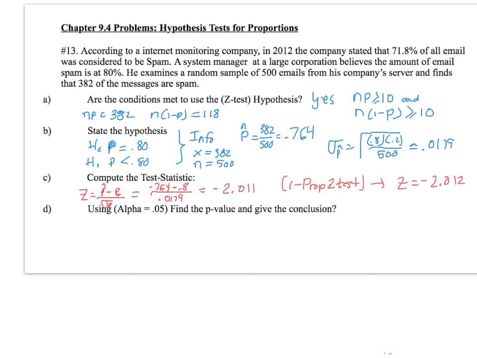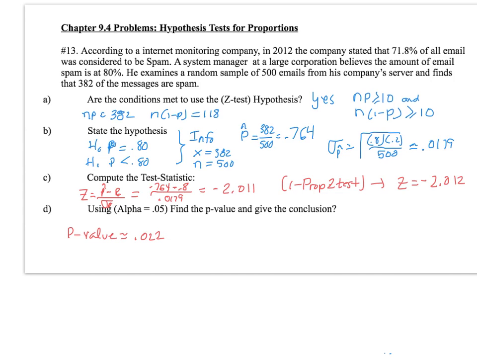Alright, so now we're going to go and find a p-value. Right? When we go under the table, or if we use our calculator, we get the p-value is approximately equal to 0.022, right?